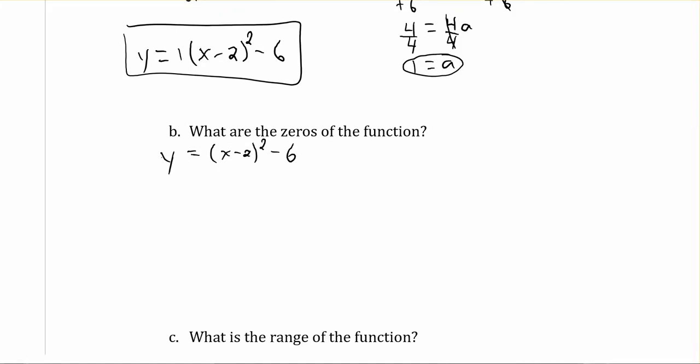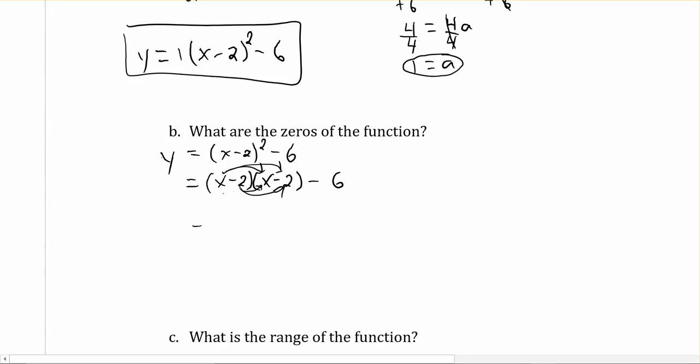And what we have to do to get that back in standard form is just expand this entire thing. So what I need to do is go (x - 2) times (x - 2), minus 6. Need to expand this, so that one times that, that times that, that times that.